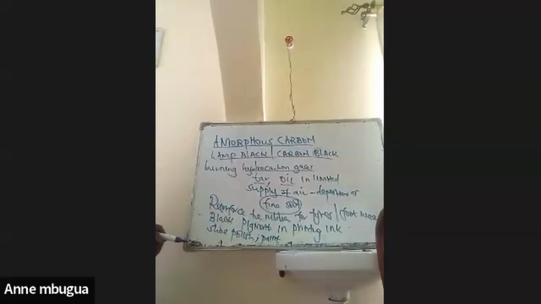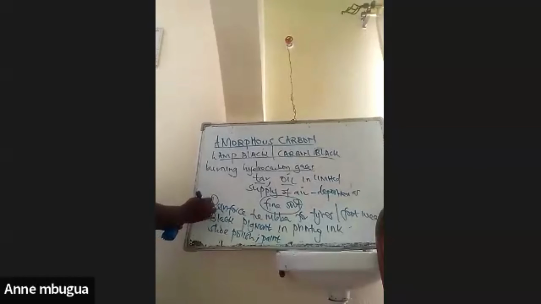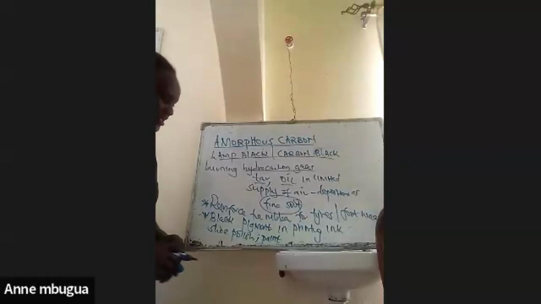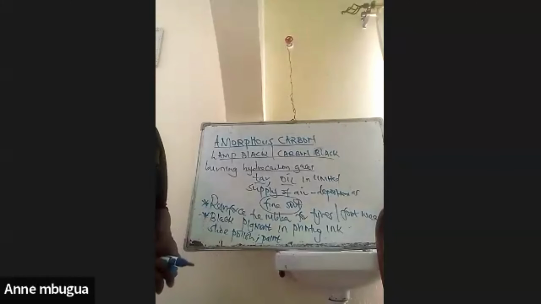And this fine soot is the one we are referring to as the lamp black or carbon black, whose uses are so many: reinforcing the rubber used to make tires or footwear, and making the black pigment used in printing ink, shoe polish and paint.